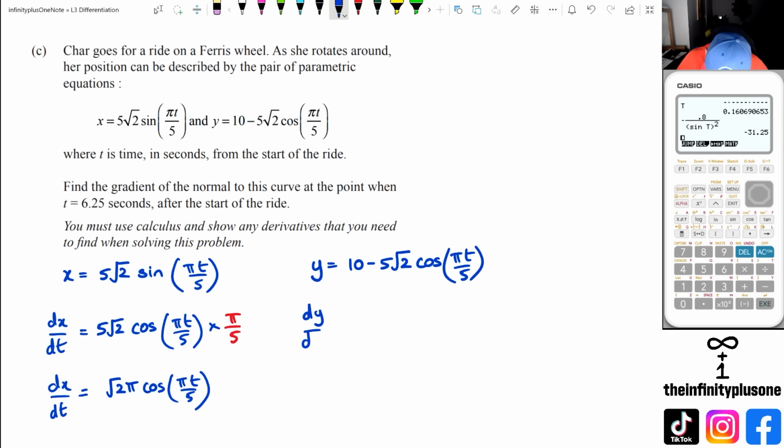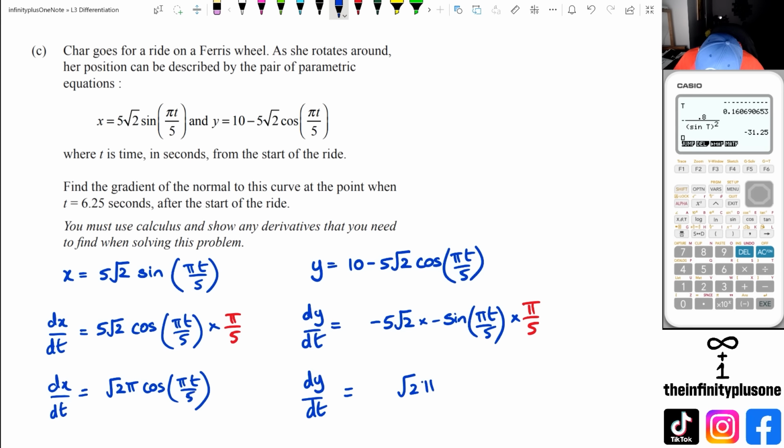So dy dt equals minus, the 10 disappears, minus 5 root 2 times negative sine pi t over 5 times the differentiation of the bracket, which is pi over 5. So then I can say dy dt is equal to, negative negative cancels out, 5 cancels out, so I've got root 2 pi sine of pi t over 5.